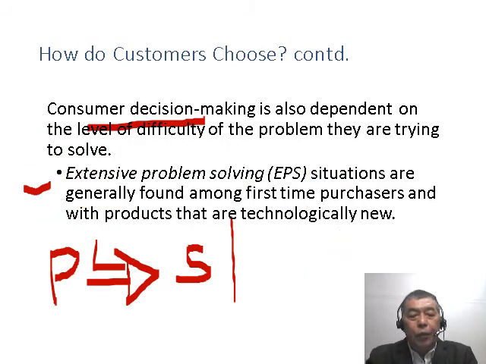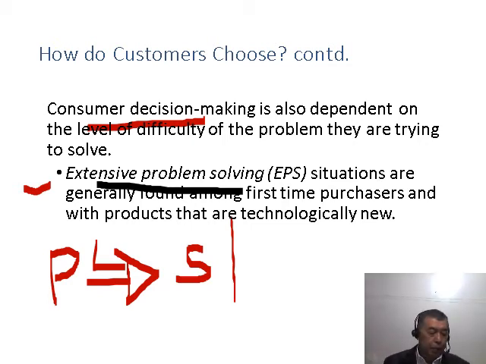Another situation is called extensive problem solving. EPS situations are generally found among first time purchasers and with products that are technologically new. These are the people who want to consume and patronize products that are new to the market, and they are considered extensive problem solving.